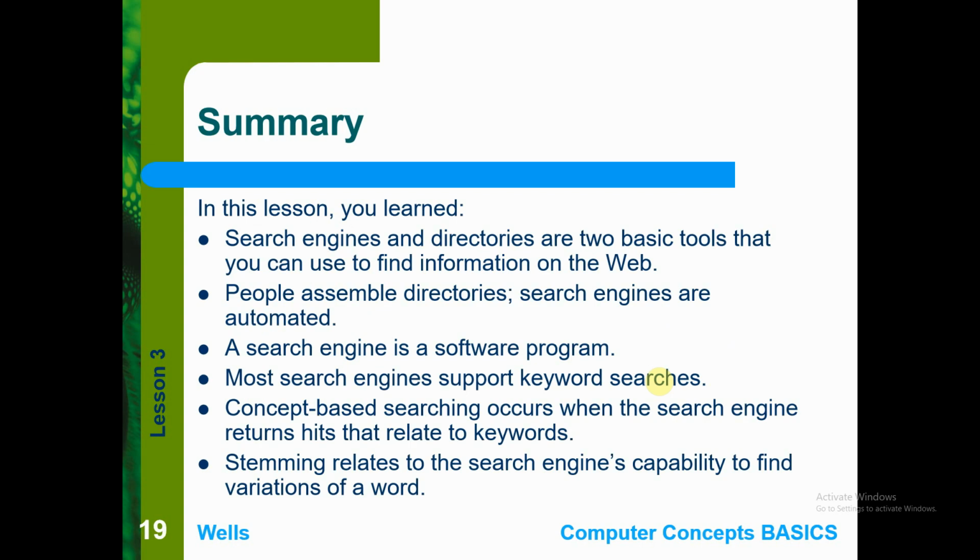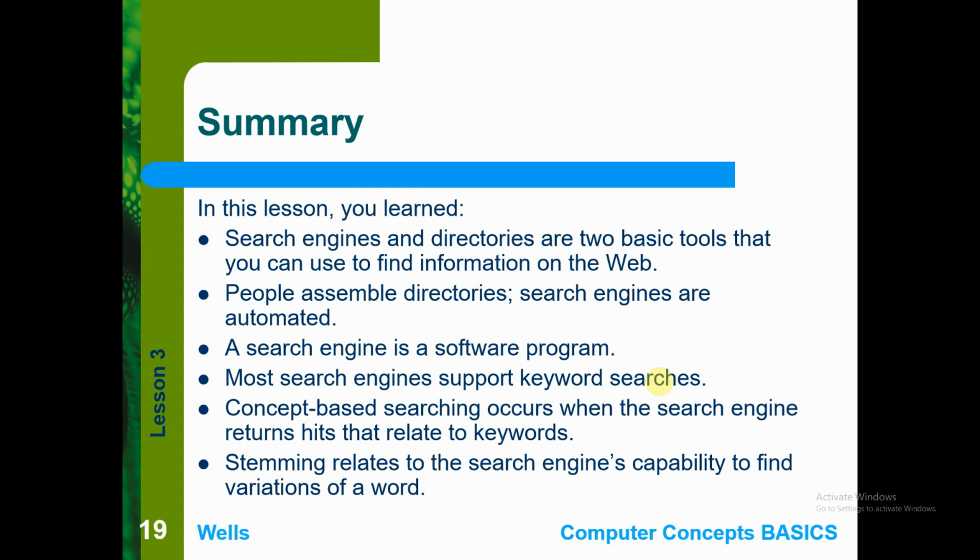So in summary, we have learned that search engines and directories are our basic tools for finding information online. People assemble directories, and search engines are automated. Basically, it is a software program, and most search engines support keyword searches.